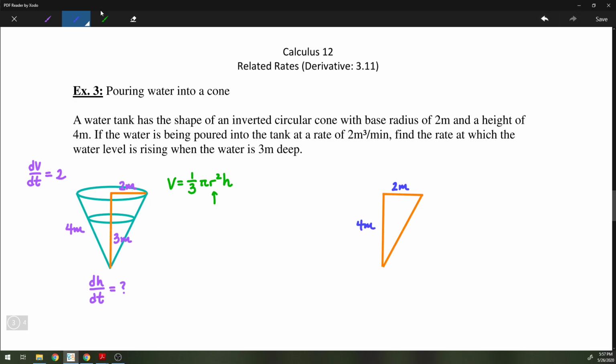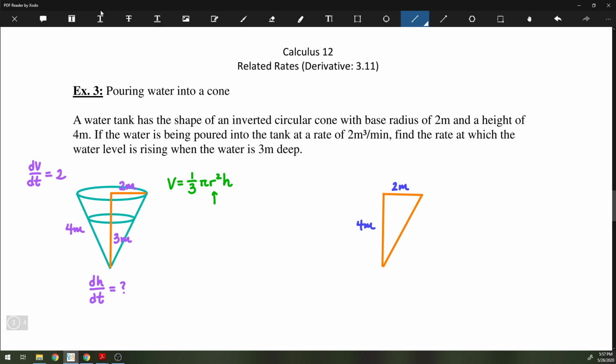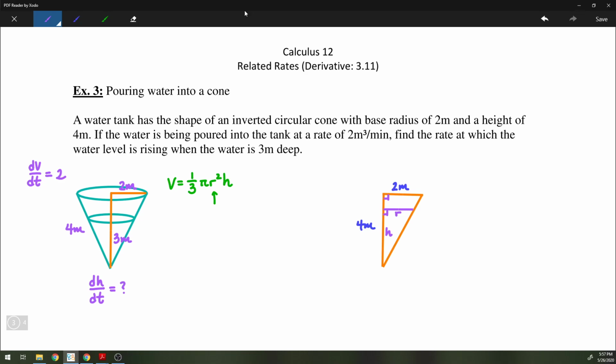The idea here is, suppose I mark the 3 meter mark somewhere here. Whatever this triangle is will be a similar triangle, so this would be H and R. And of course, these two triangles are similar: the one that's 4 meters and 2 meters, and the one that is marked with R and H.